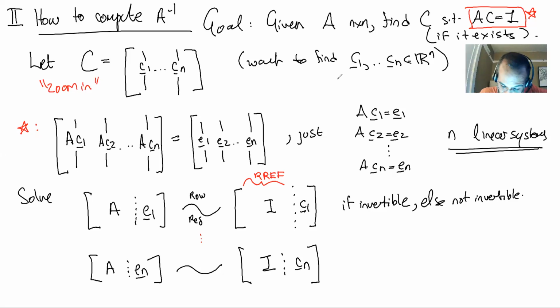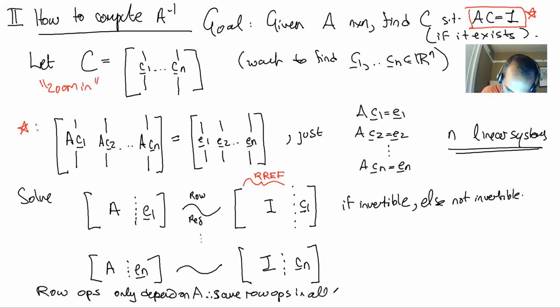Yeah, you can just do it once, because the row operations only depend on A, if A is invertible, right? So if A is not invertible, then there's no inverse, right? And so really the conclusion is you have the same row operations in all of the above.